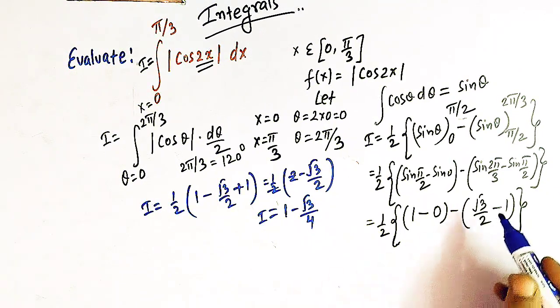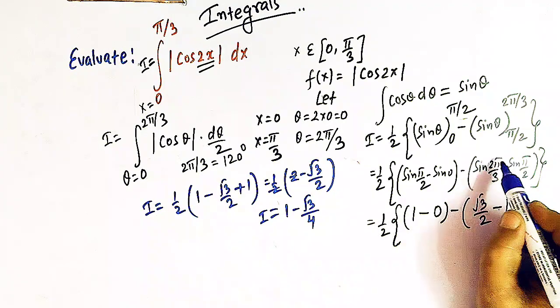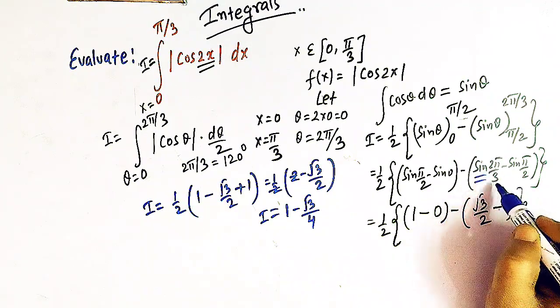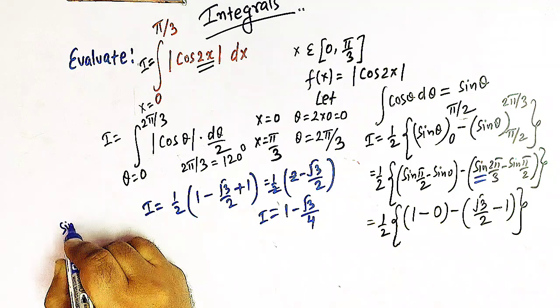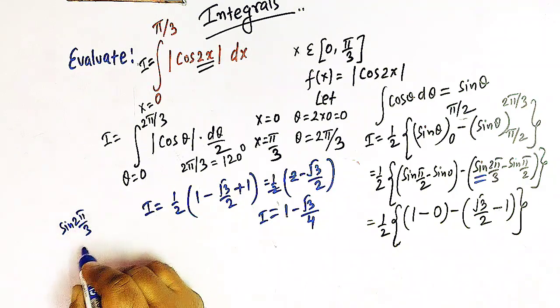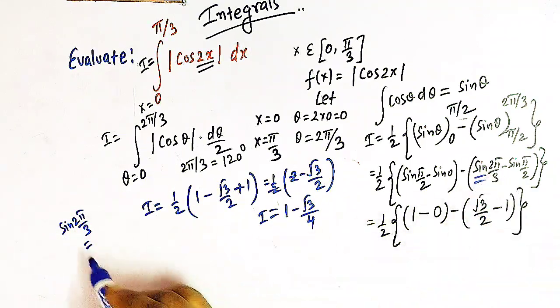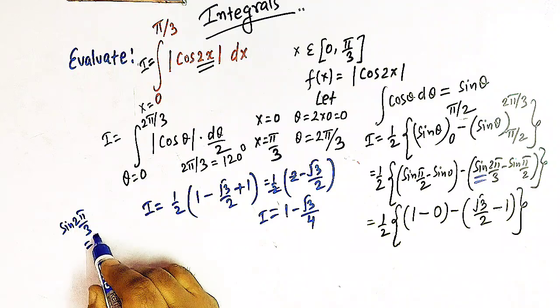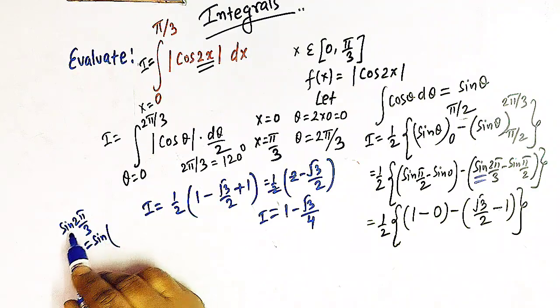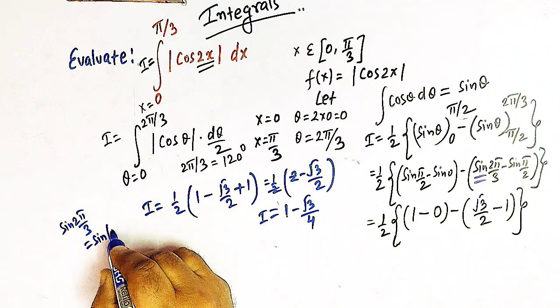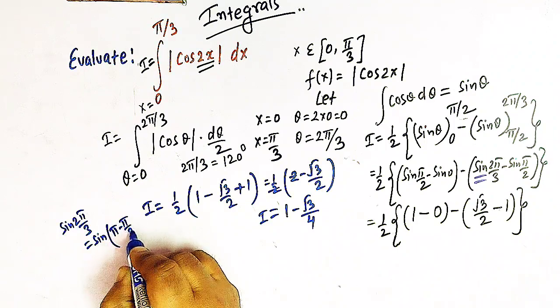So here I would like to mention one important thing, that see sine 2 pi by 3. We can also find the value of sine 2 pi by 3 by making this change, that is 2 pi by 3 may be written as pi minus pi by 3.